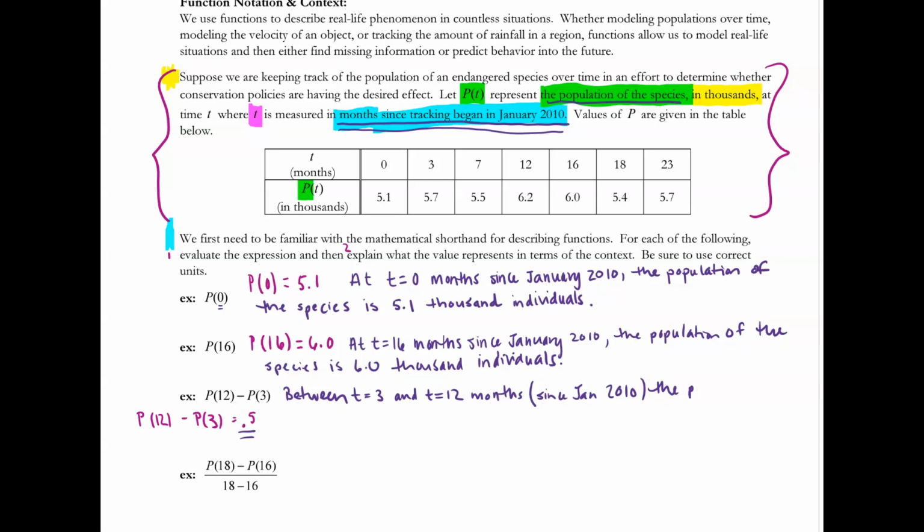So let's see, the population of the species increases or increased, either one, by 0.5 thousand individuals.